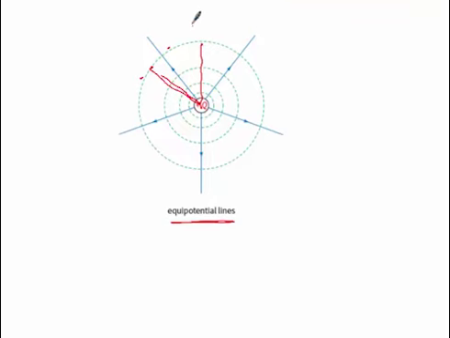So also here, all points have the same potential because they are on the same line and have the same separation from the center. So these are equipotential lines. And the closer we get to the charge, the more potential there is. So the potential here, for example, is more than the potential here.